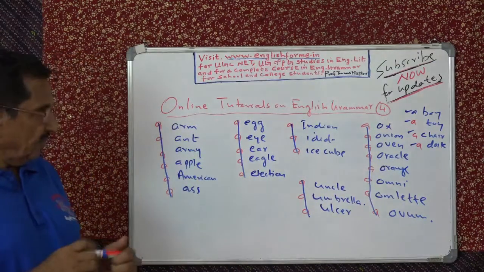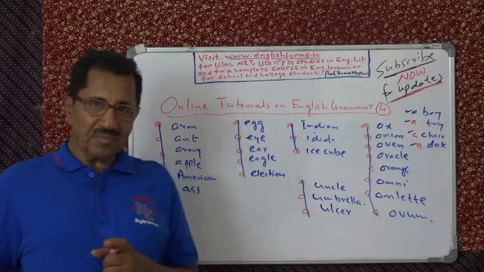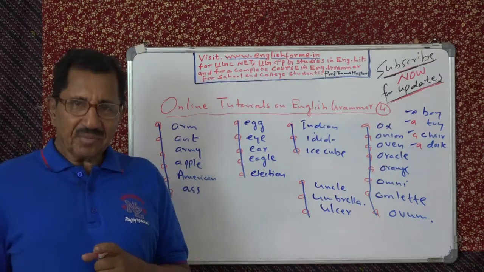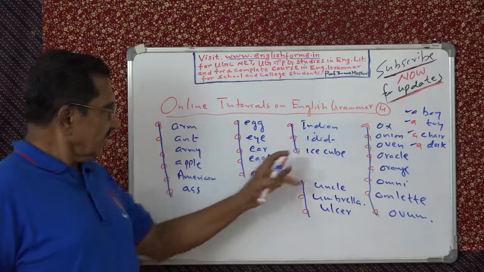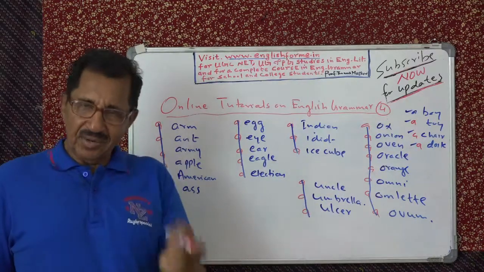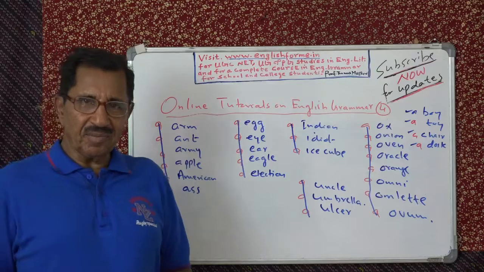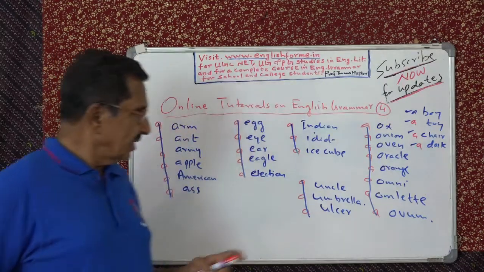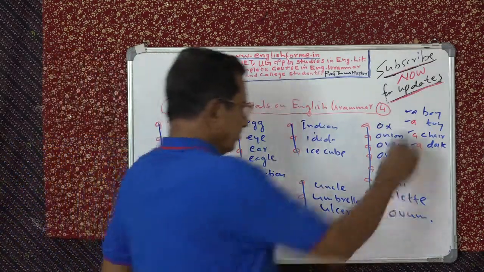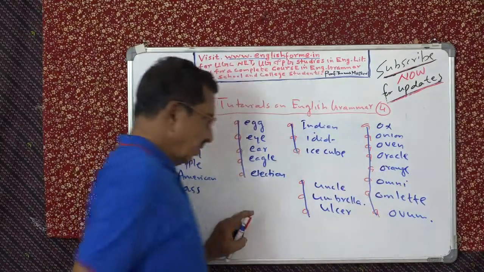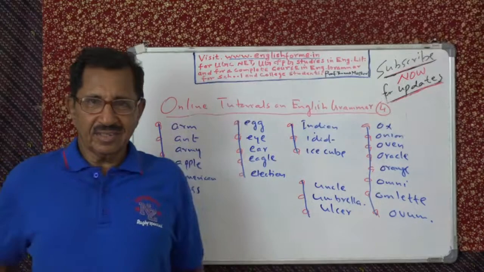What's the problem? You know what's the problem? This is what we are seeing, common nouns, singular nouns. But there is a problem, and that problem is these words. What do you see on the board?